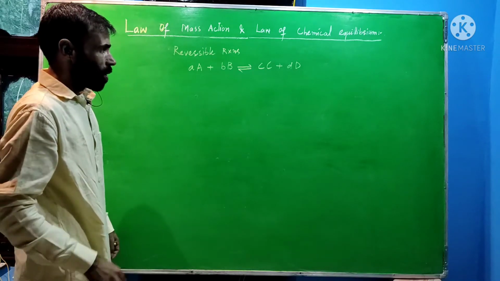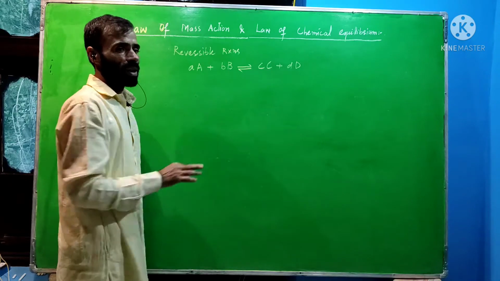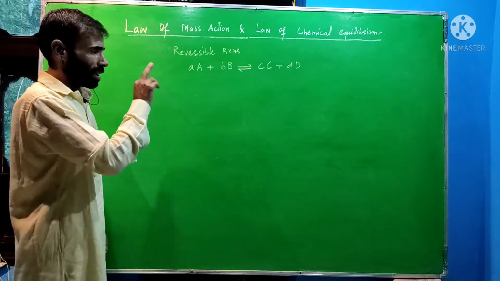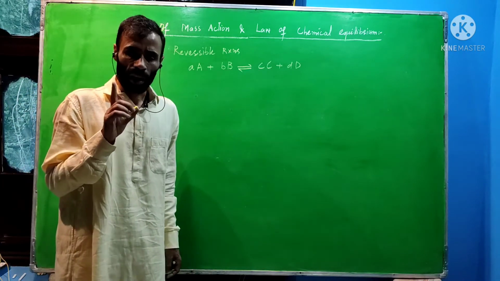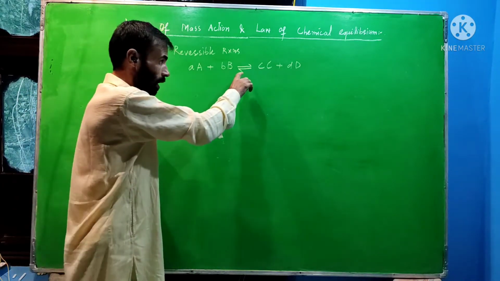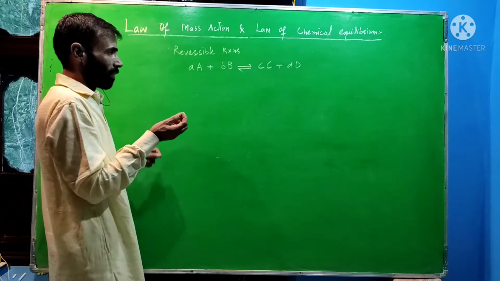A reaction occurring in the forward direction as well as in the reverse direction is a reversible reaction. Mostly the reaction is carried out in closed vessels. They occur in this reversible fashion.